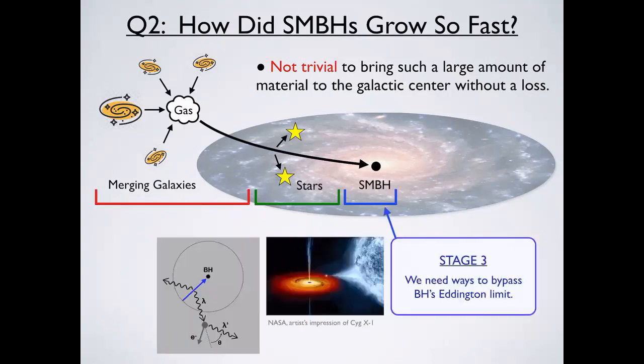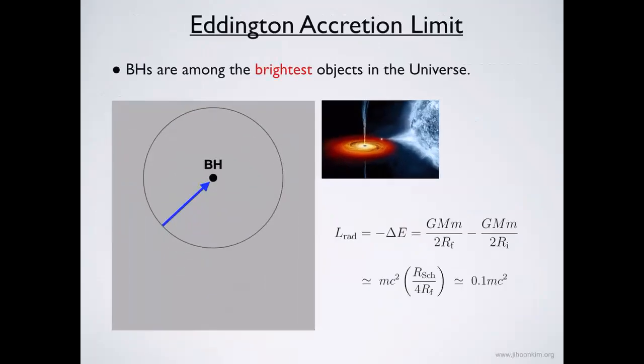And stage 3, even more fundamental. Even if you find a pocket of gas that's right next to the supermassive black hole, about to get sucked into the supermassive black hole, you still have to bypass the so-called Eddington limit, which is simple. So if gas dives into the black hole's event horizon, it has to lose its gravitational energy, and there is no other way for that energy to go but to be radiated away.